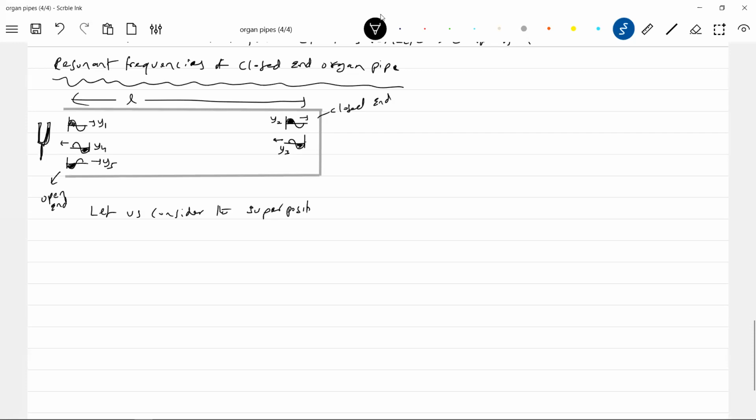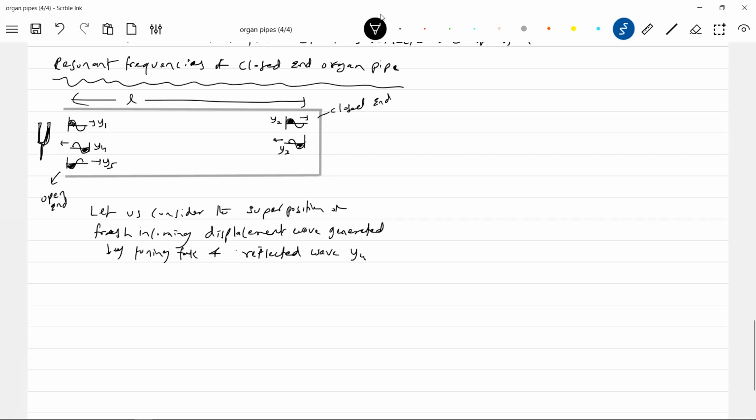Let us consider the superposition of the fresh incoming displacement wave generated by the tuning fork and the reflected wave, Y4.